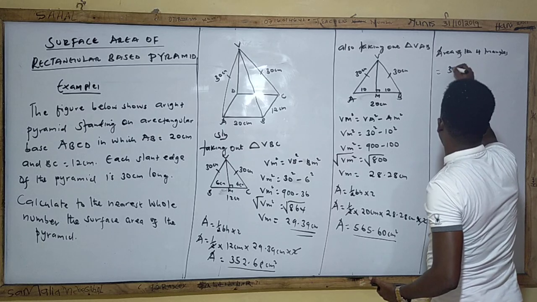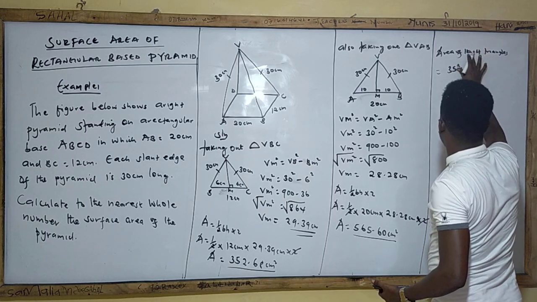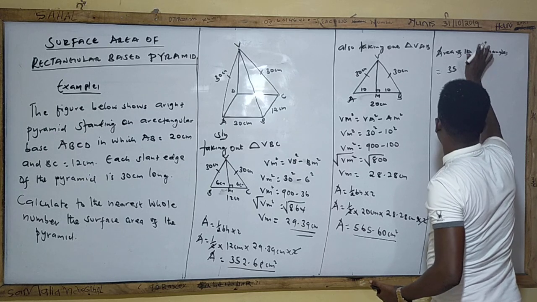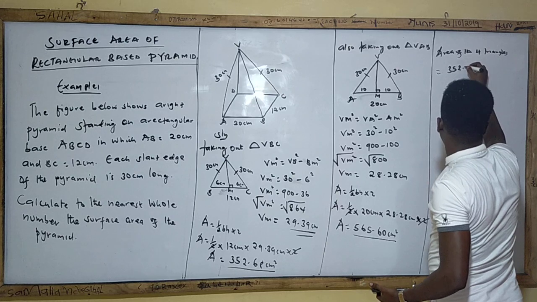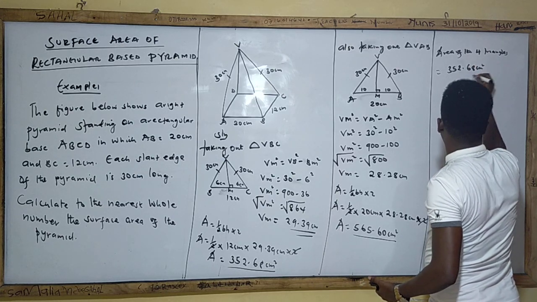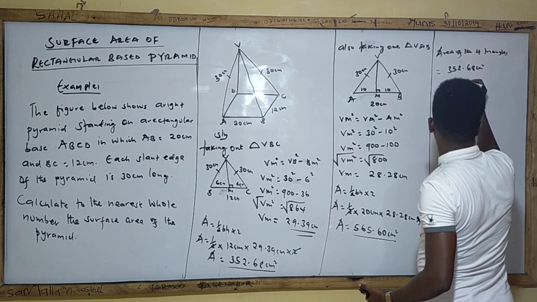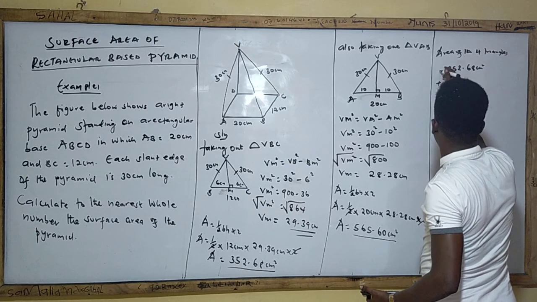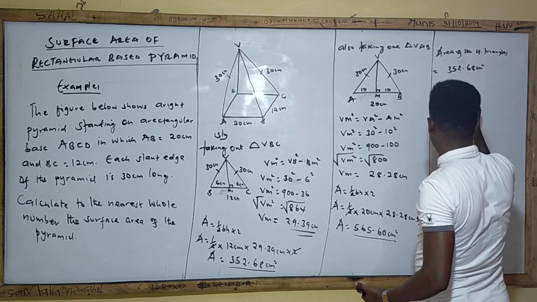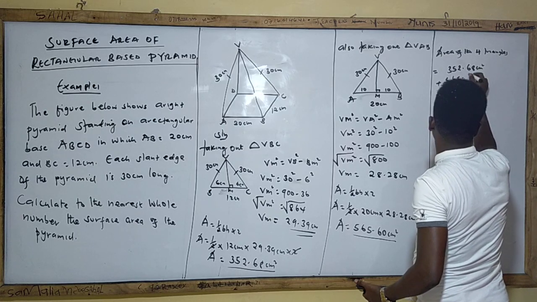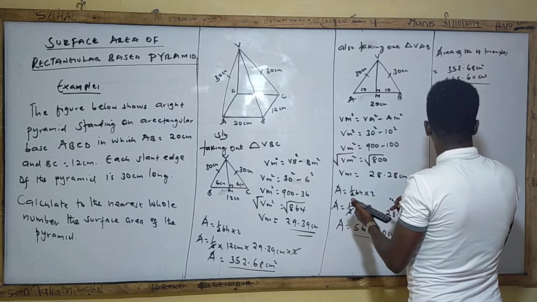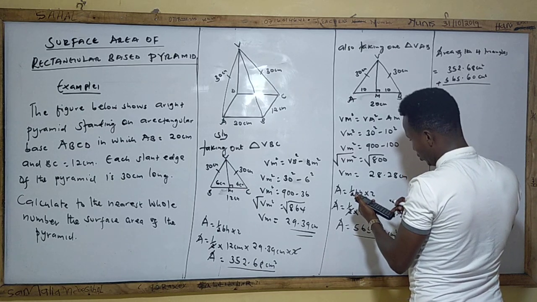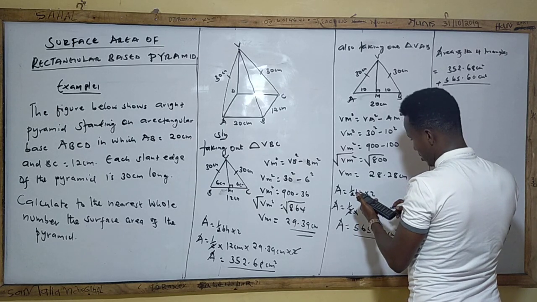That is 352.68 plus, look here, plus this one, 565.60 centimeters square, plus 352.68.